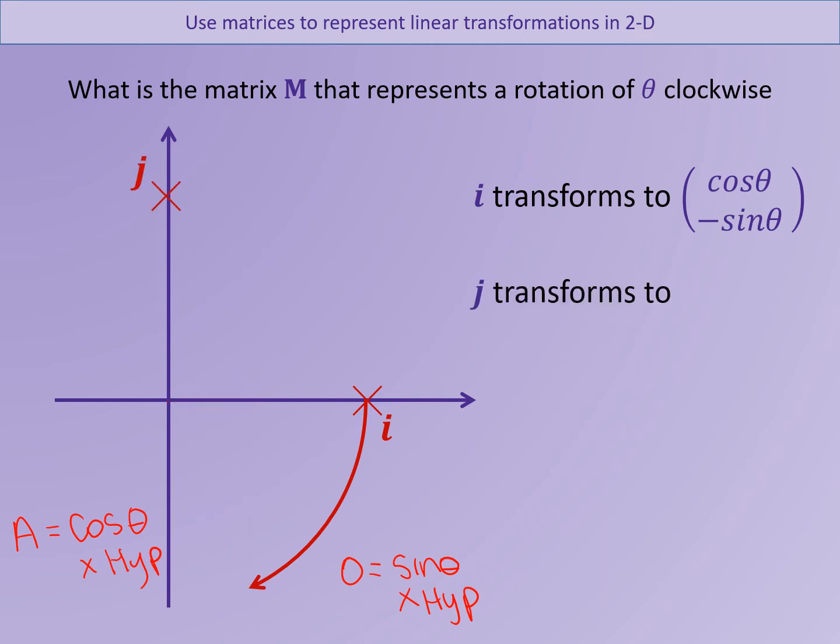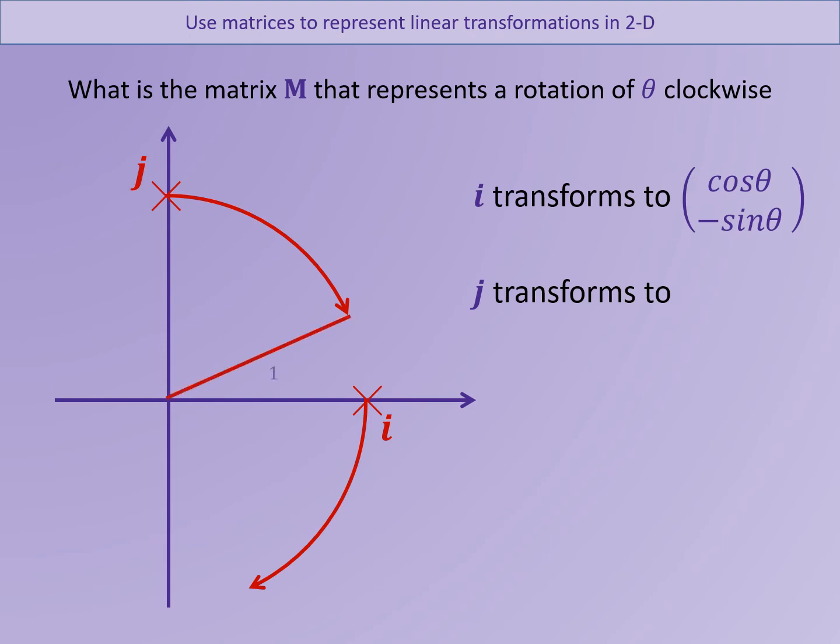Now let's take a look at what j transforms to. I'll just get rid of the writing at the bottom there. As j rotates round by an angle of theta, its length away from the origin remains the same, so this is also 1. And if we draw in a right angle triangle again, we can work out the length of each of those sides and therefore the position of where j will be transformed to.